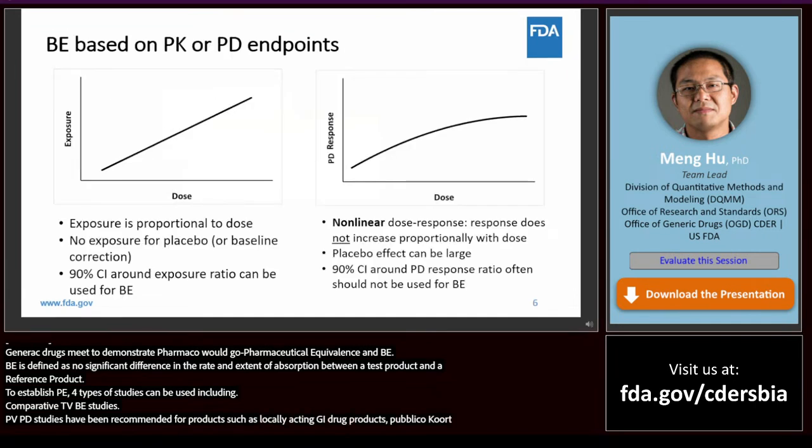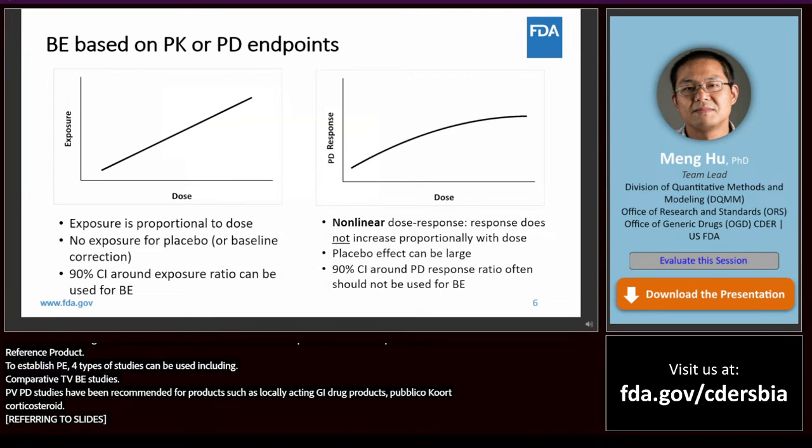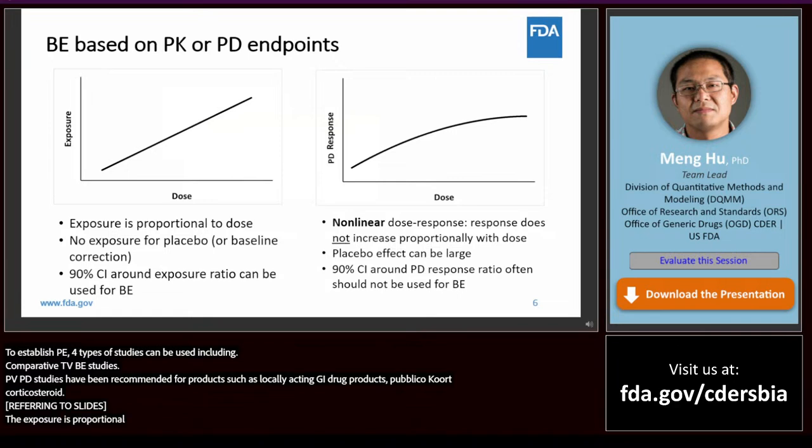This slide highlights the difference between BE based on the PK and the BE based on the PD endpoints. As shown in the left panel, for BE based on the PK endpoints, the exposure is proportional to the dose. There is no exposure for placebo, and the 90% confidence interval around exposure ratio can be used for BE.